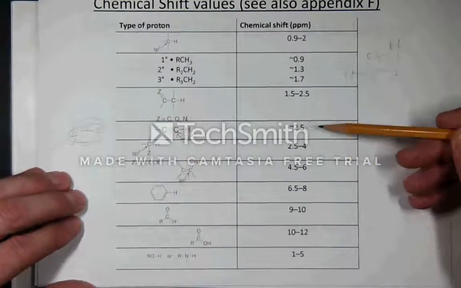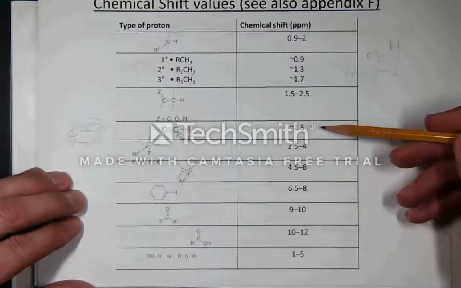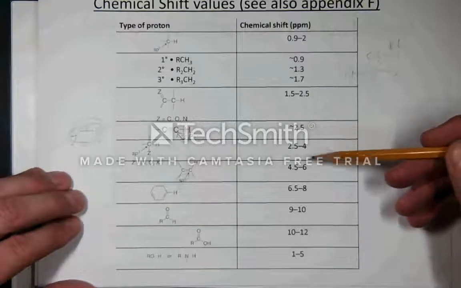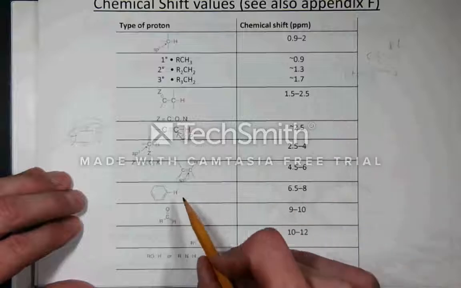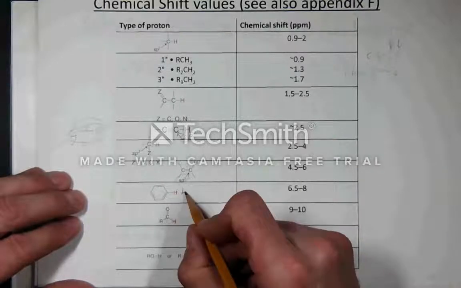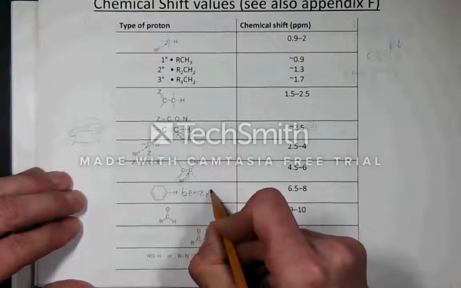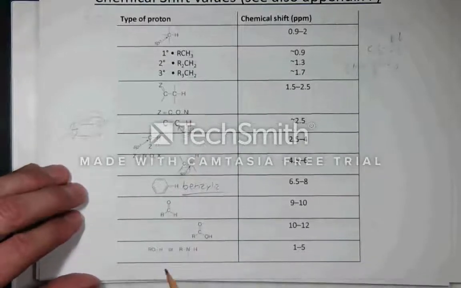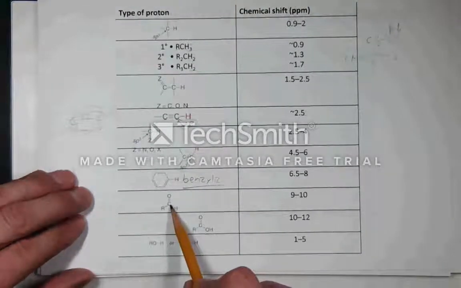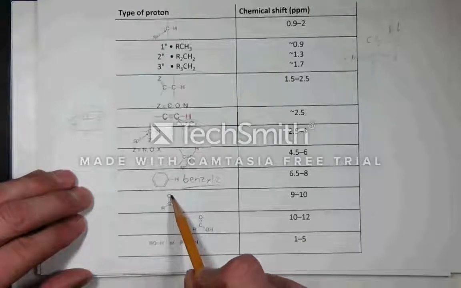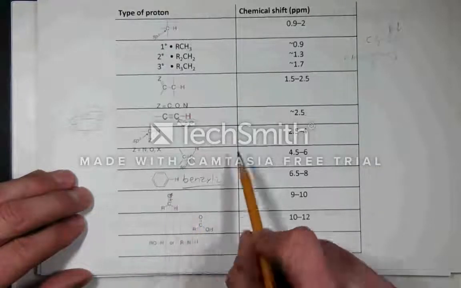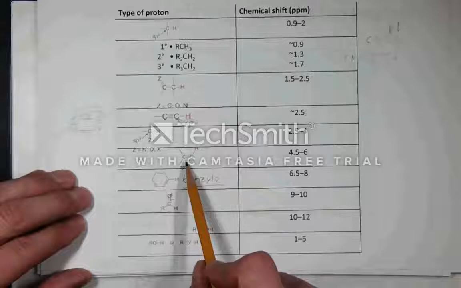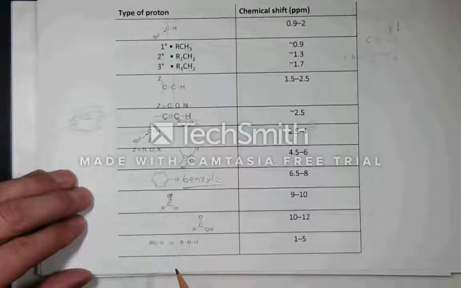So know this, right? It'll make life a lot easier if you just kind of memorize this. We have benzylic, these are referred to as benzylic hydrogens or protons, right? Those that are directly attached to the ring. Some of the most highly de-shielded ones are those that are adjacent to a carbonyl, because it's not only polar, but you also have the pi clouds of sp2 hybridized carbon.